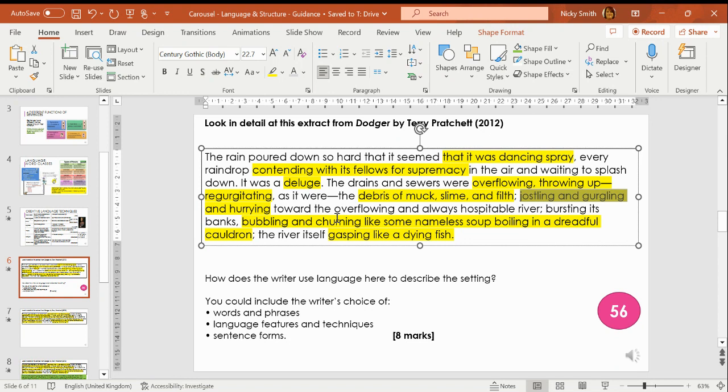And if you are looking to push your mark even higher, when you see words that are connected, that usually means that they are part of the same semantic field. And a semantic field counts as a higher level language feature. Semantic field just means groups of words or phrases that are of the same category.